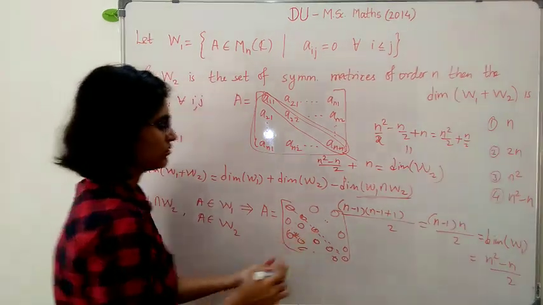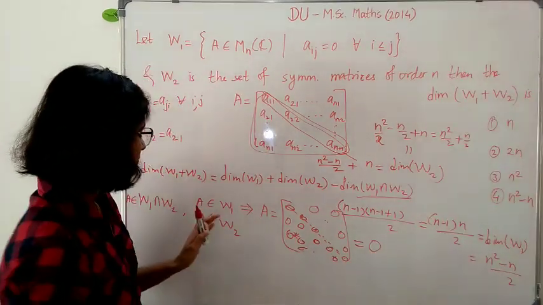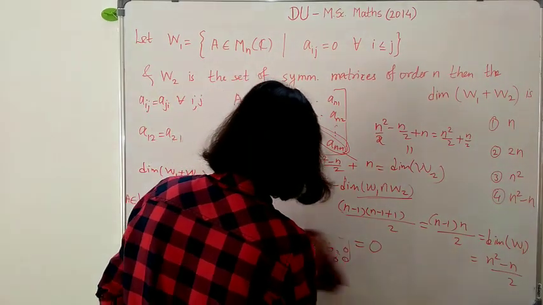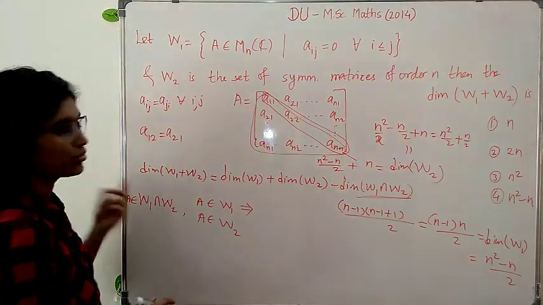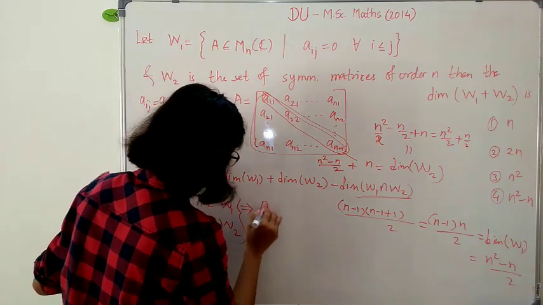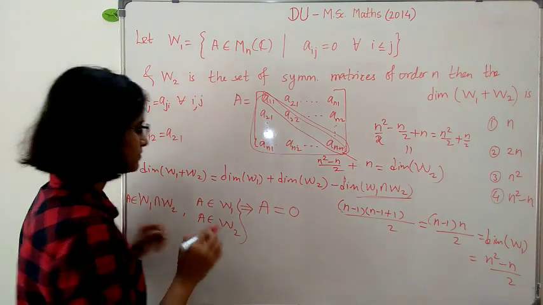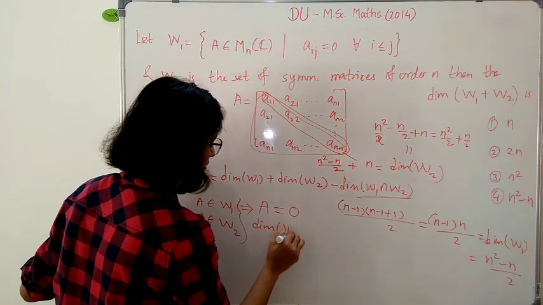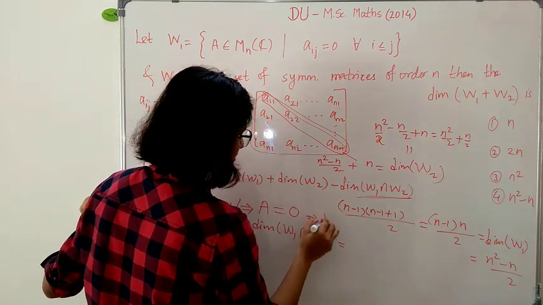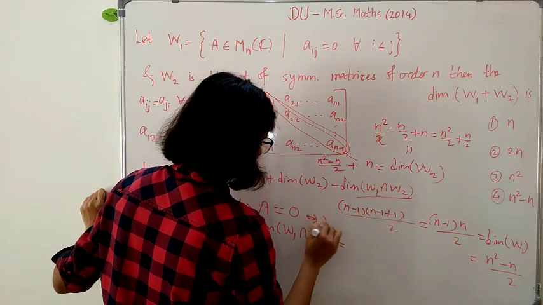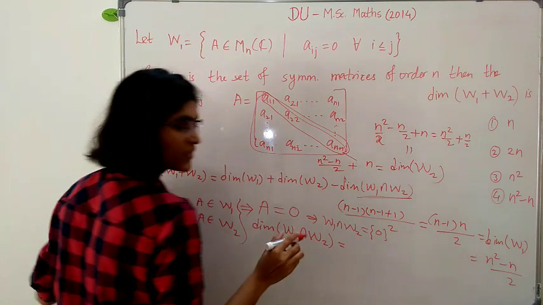That means this matrix is equal to 0, right? So whenever you have any matrix A in W1 intersection W2, A is equal to the 0 matrix. By the way, this means the space W1 intersection W2 is just the 0 matrix.